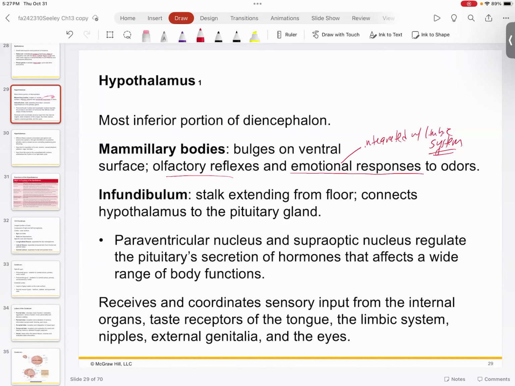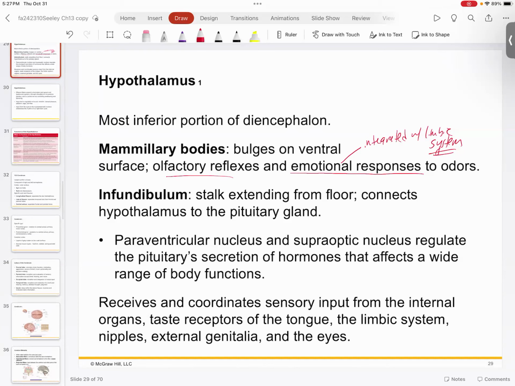And so when you have olfactory reflexes and this sort of memory tied to odors being driven by your mammillary bodies, this allows you to also reinforce higher order learning, which is cerebral cortex. So a lot of times this will help us to respond to odors, but then that response can be communicated to the other parts of the brain so that we can remember our response to this particular odor.